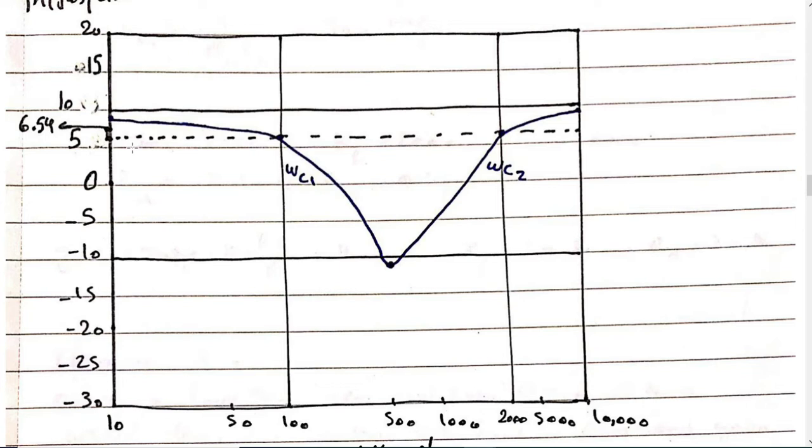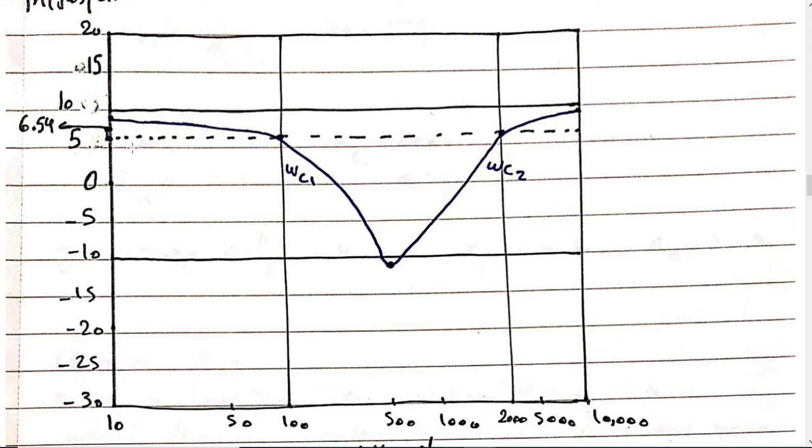That's why you have negative 3. Is that clear? Everybody, for a second, just listen to me. The magnitude of the transfer function at the cutoff frequency is equal to 1 over square root of 2 multiplied by the maximum value of the transfer function.